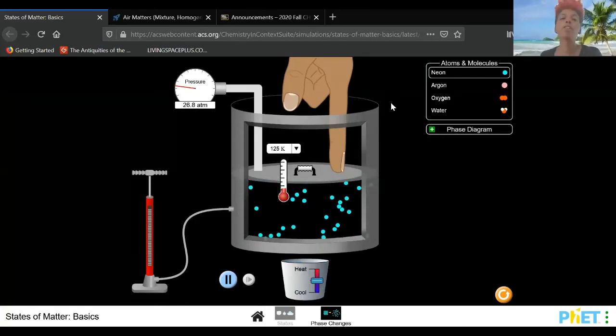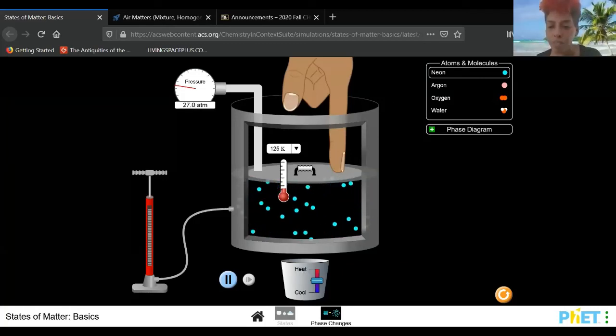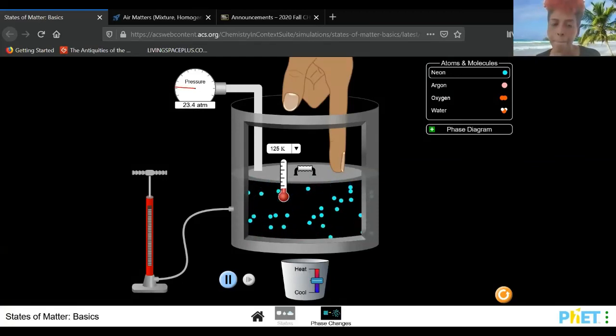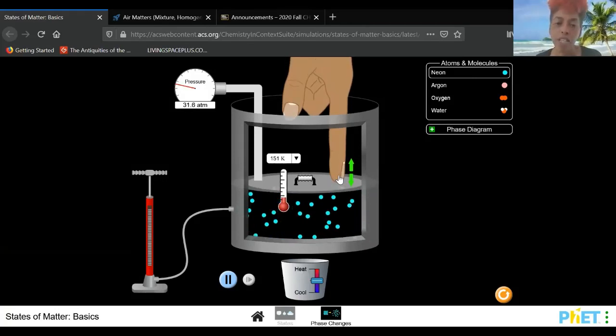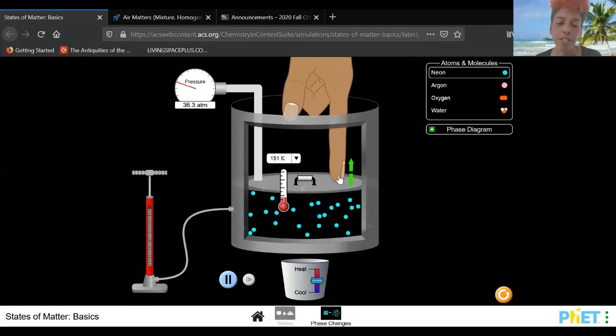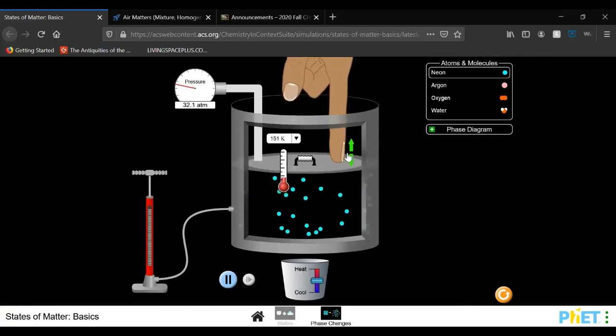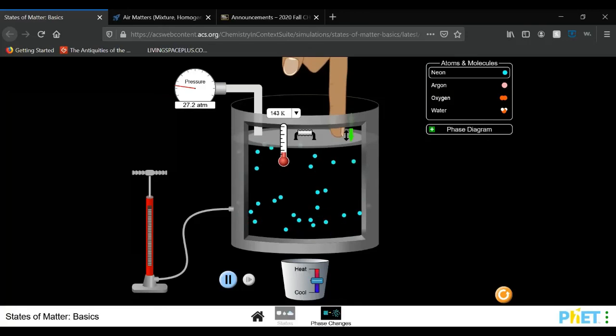So if the pressure increases, will the energy decrease? No, actually, the energy doesn't decrease, it just forces them to go together because notice the temperature goes up. So if the temperature is going up, then the energy is not decreasing, right?